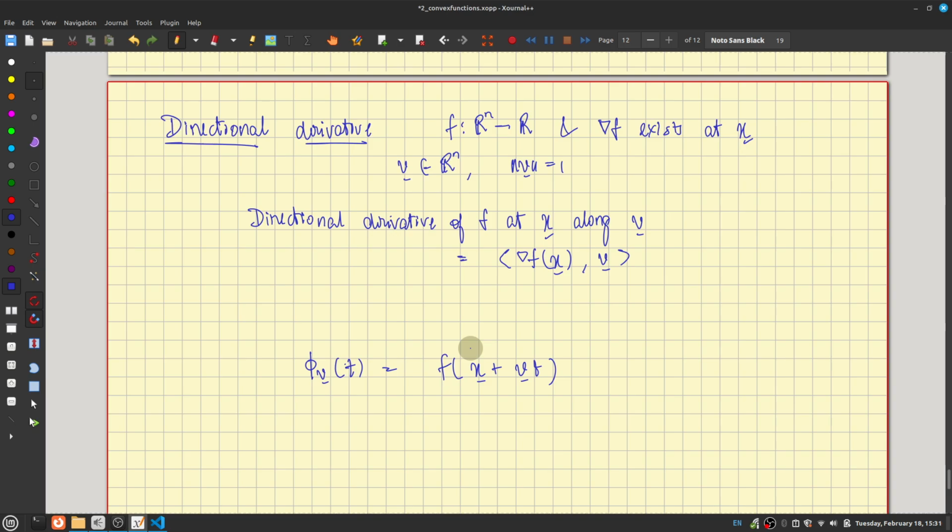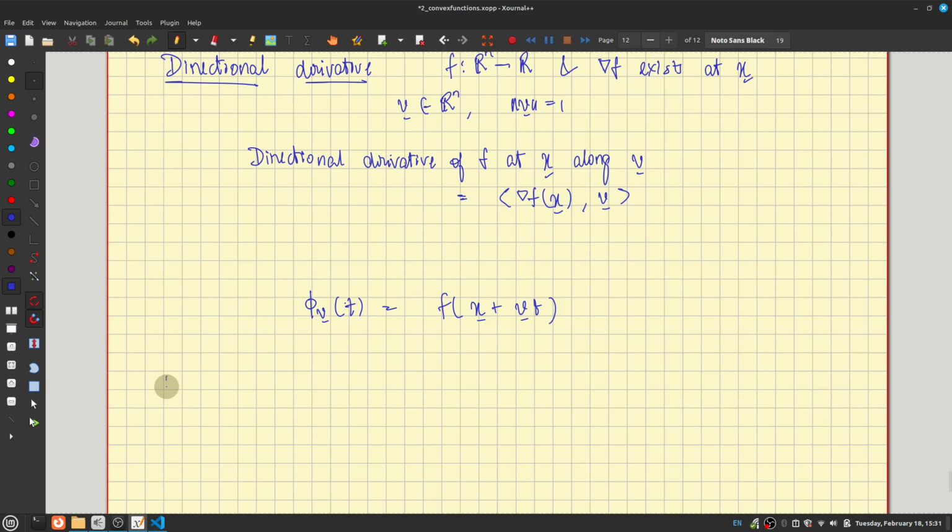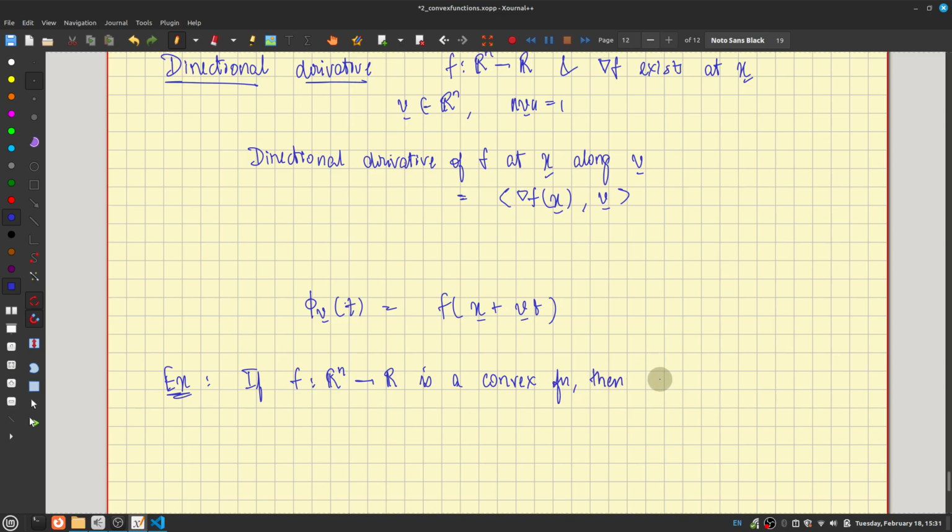Okay, so here's an exercise. If f is a convex function, then for every direction v and every x, phi v of t, which is f of x plus vt, defined for t in R, is a convex function.